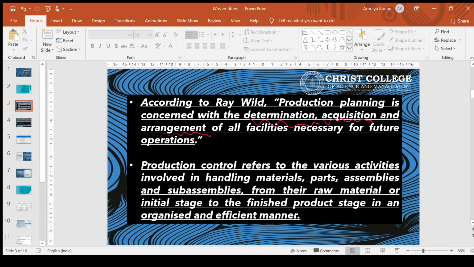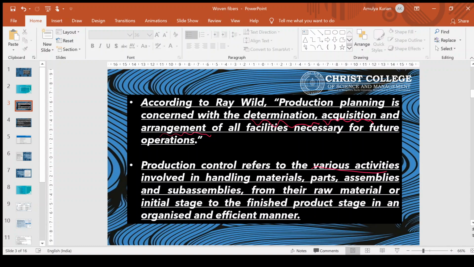Now, looking into what is production control. Production control refers to various activities involved in handling materials, parts, assemblies, and sub-assemblies from their raw material or initial stage to the finished product stage in an organized and efficient manner.